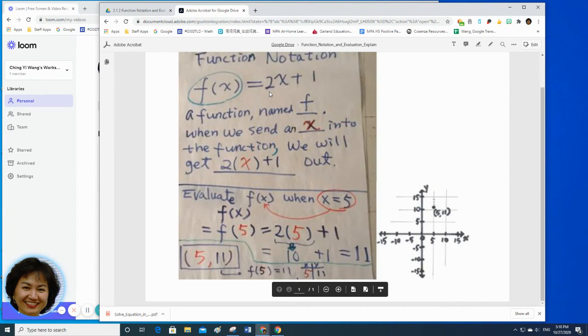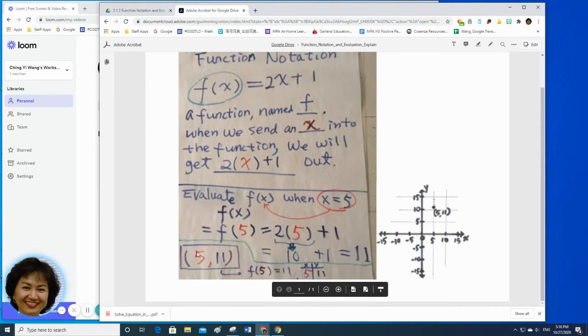So this machine is to multiply 2 to that input. So I will go by 2 times this 5 plus 1. And 2 times 5 is 10 plus 1, that's 11. This means we are sending 5 into this function, we will get 11 out.